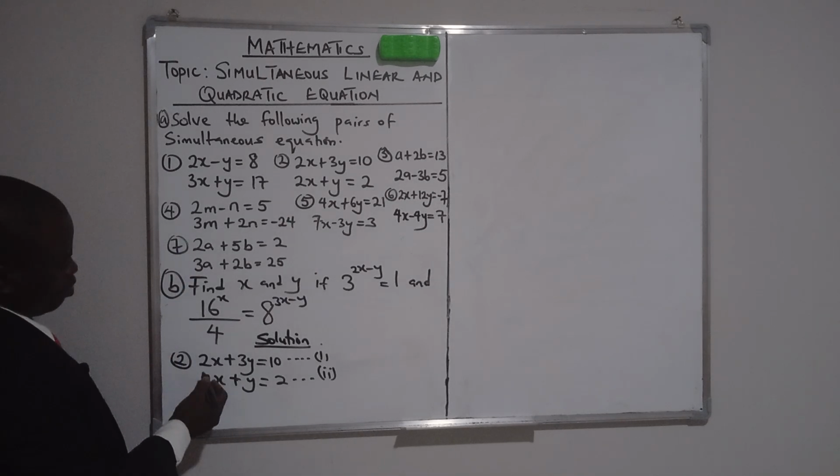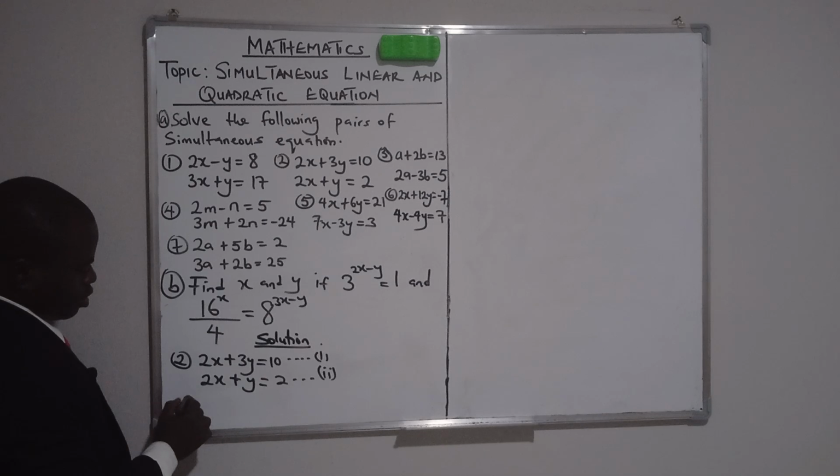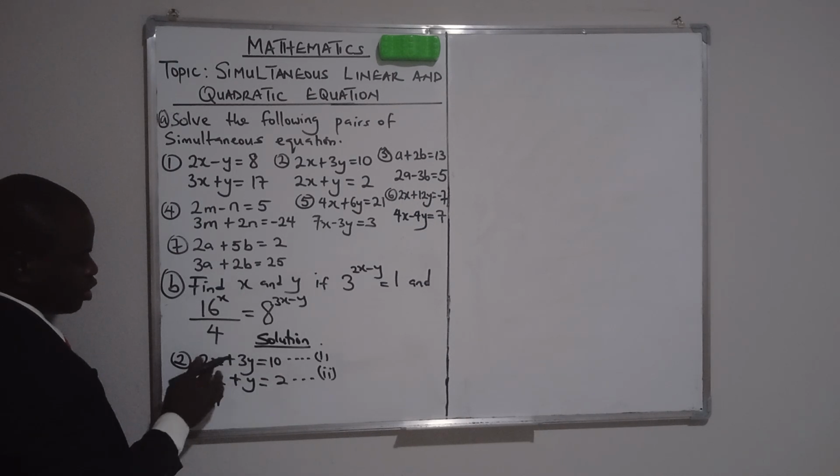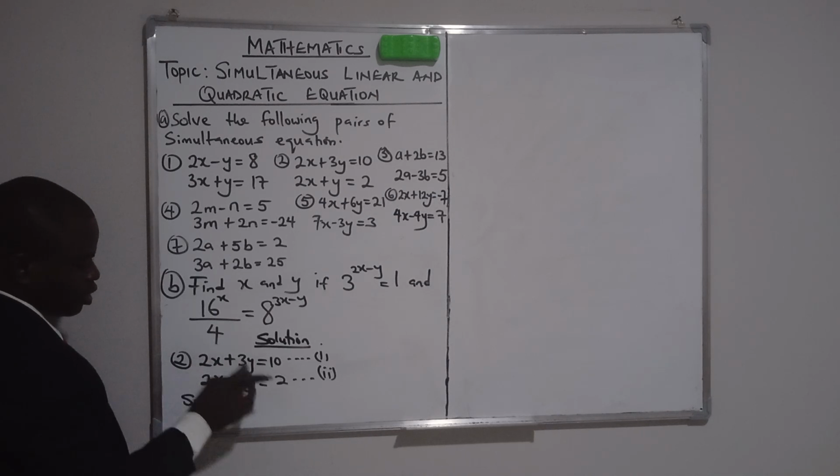Now you can see that the coefficients of x are the same. You can now subtract. You don't need to multiply equation 2 by the coefficient of x in equation 1, and likewise you don't need to do it because they are both the same.